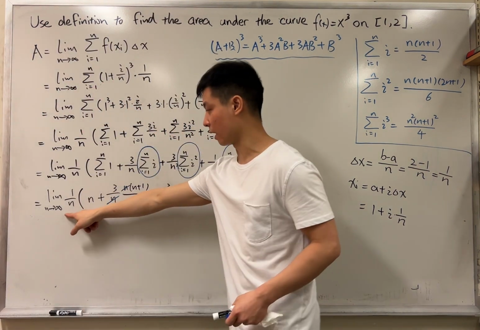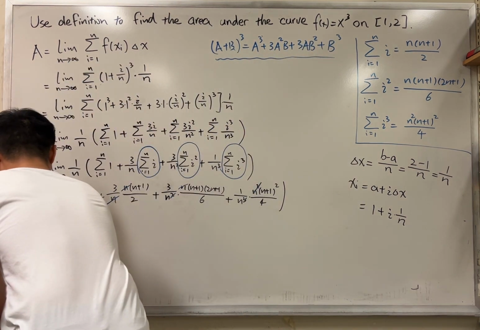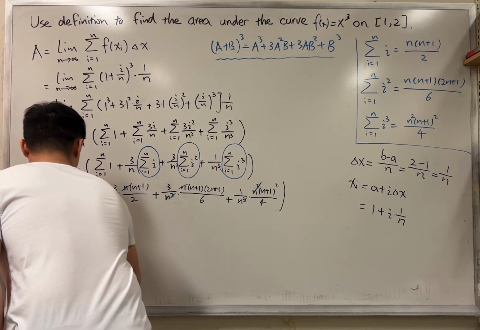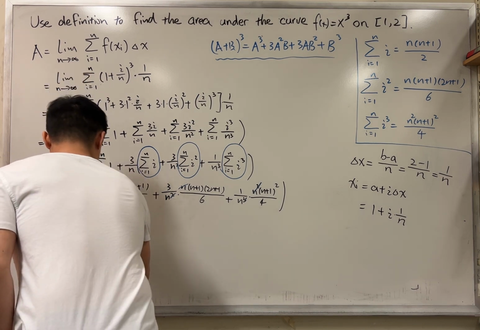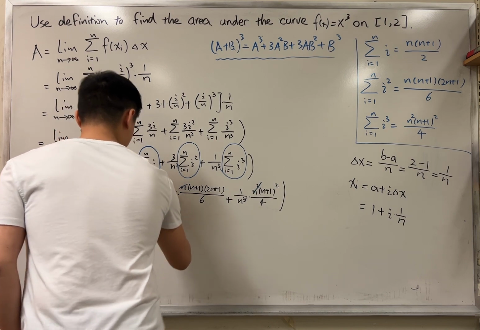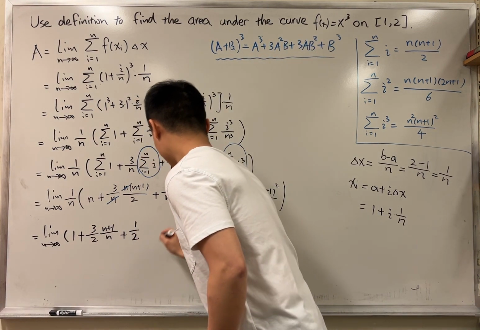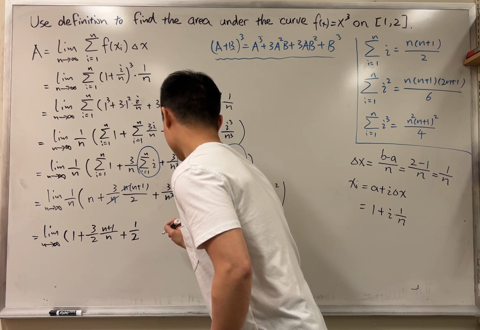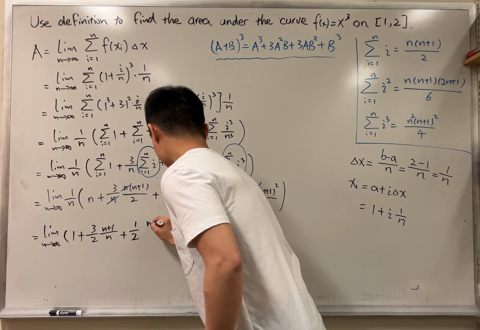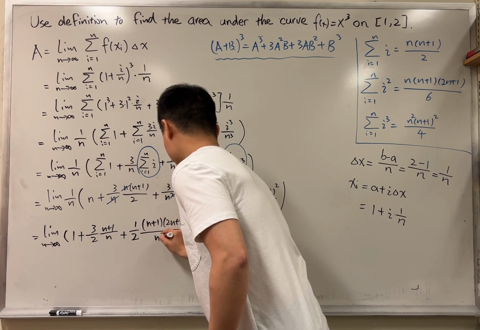We can also distribute this 1 over n into the bracket, and we can simplify the expression to equal 1 plus 3 over 2 times n plus 1 divided by n, plus this 3 divided by 6 can be simplified to 1 over 2, and then this distributed to here will have n plus 1 times 2n plus 1 divided by n squared.